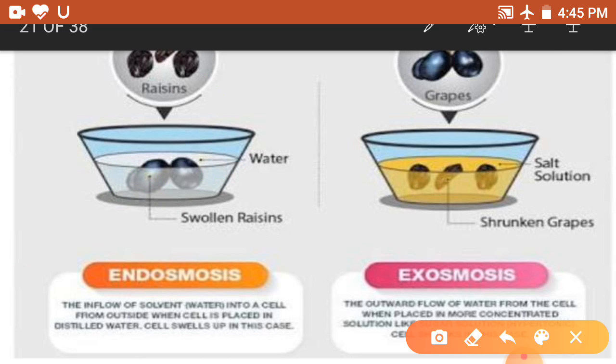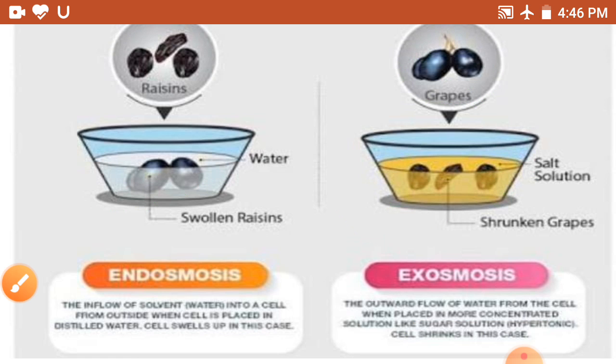Why? Because the solvent in the grapes moves outside, into the water. That's why these grapes shrink. So we have two types of osmosis, endoosmosis and exoosmosis.